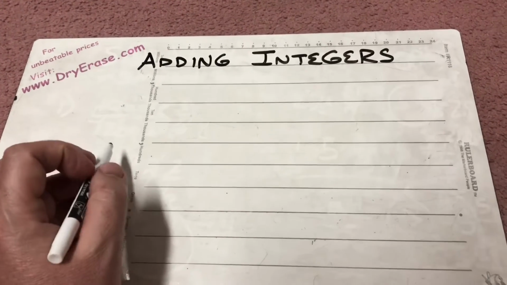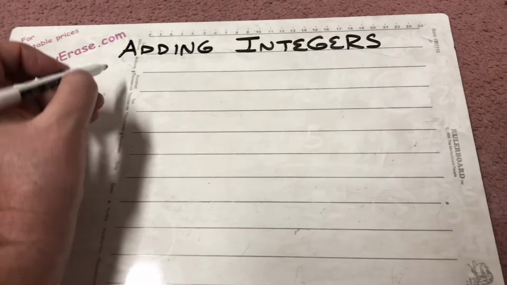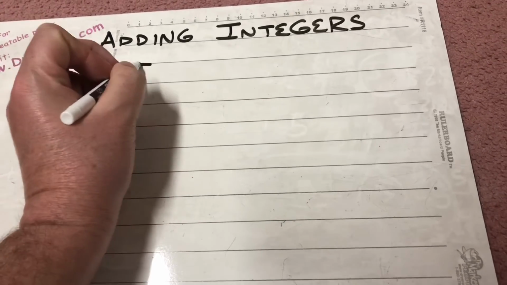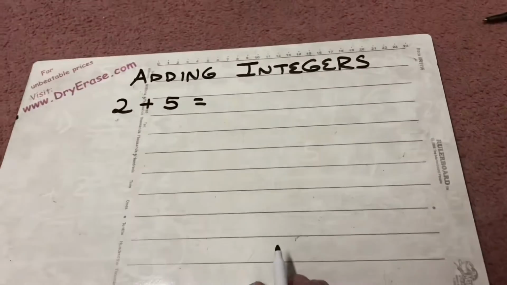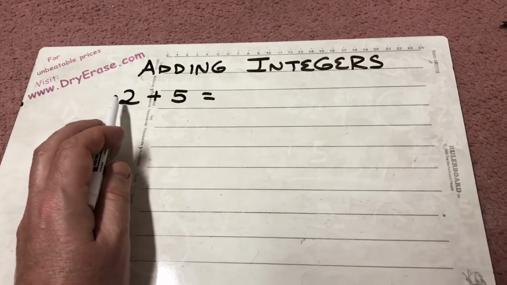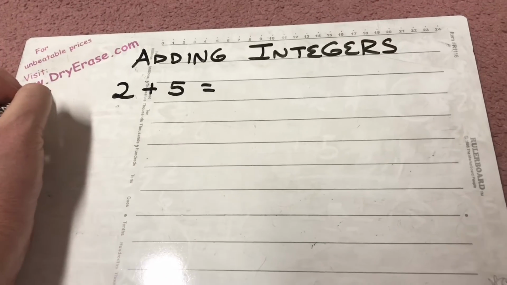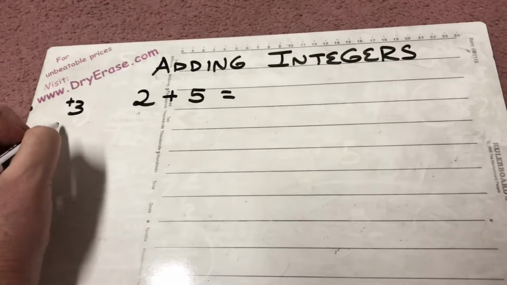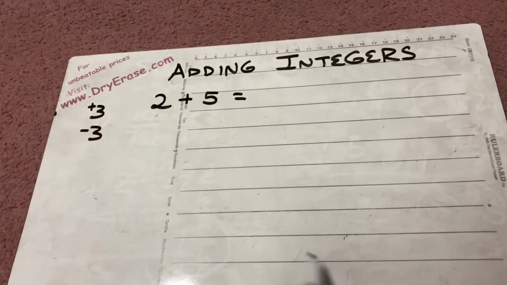So first of all, when we add integers, if both numbers are positive, like if I was just doing 2 plus 5, that's pretty basic. When we do positive numbers, we don't usually put a plus sign in front of them. Sometimes you'll see something that looks like that to show that it's a positive 3, where this would be a negative 3.